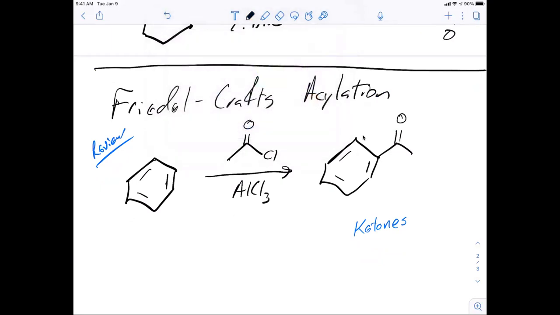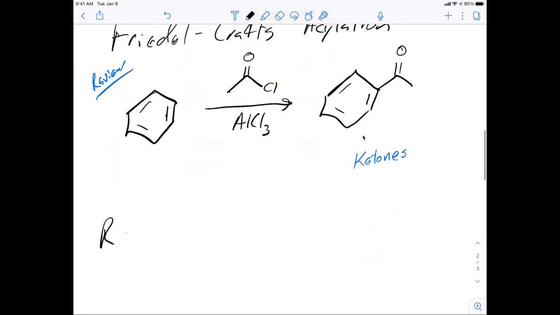Okay, so that brings us to reactions of aldehydes and ketones.